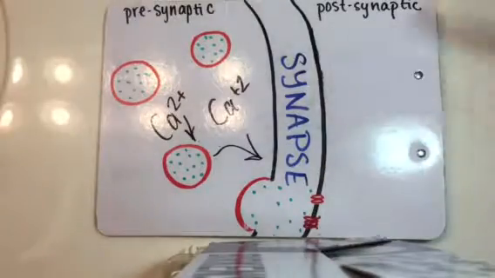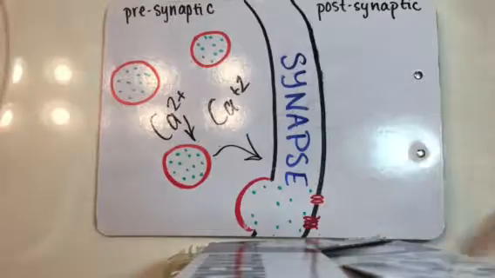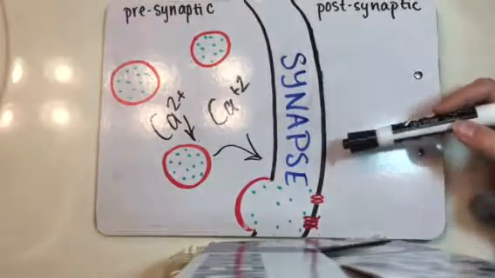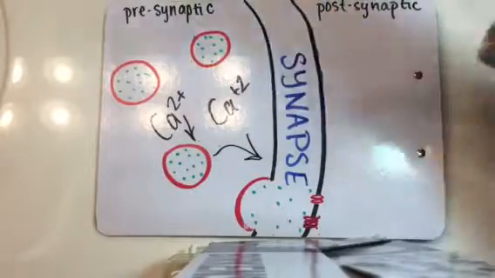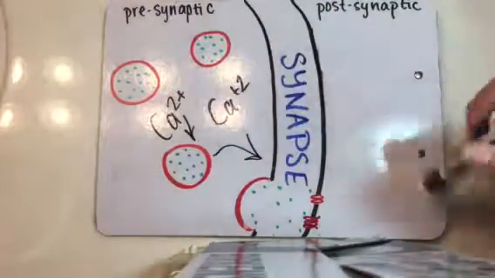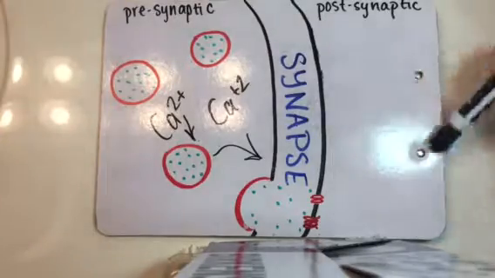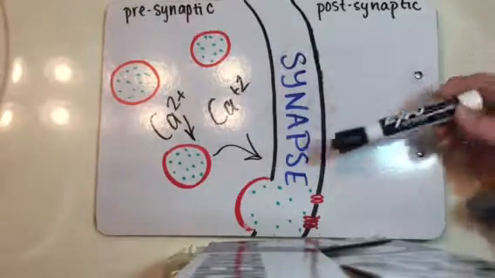So it's going to be a little bit slower than an ion channel receptor, which is very direct. Like this neurotransmitter is going to bind, and it might let in sodium, for instance, which is going to create an excitatory postsynaptic potential because it's going to be depolarizing this postsynaptic cell really quickly.